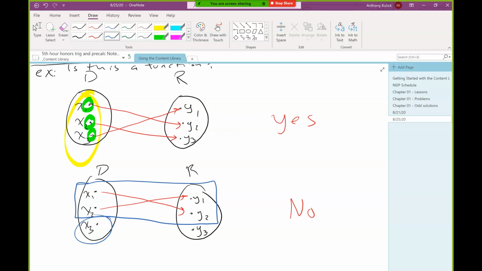Technically speaking, if you're talking about all real numbers, a rational function wouldn't be a function because every place where there's a vertical asymptote, you have an x that doesn't get used. What do we do in those cases? Well, we just restrict the domain and say the domain is everything except the places where there's a vertical asymptote. And now I have a function again, right? You kind of remember doing that in your Algebra 3-4 class.